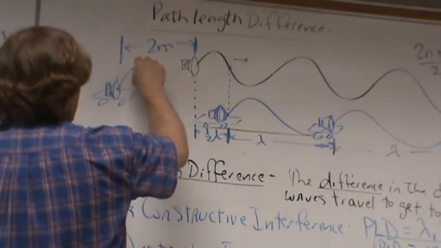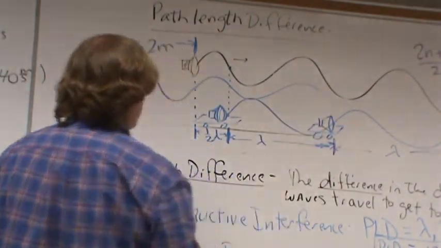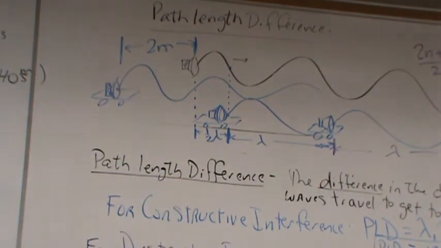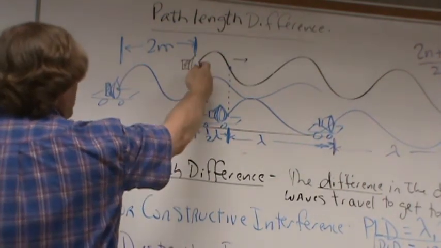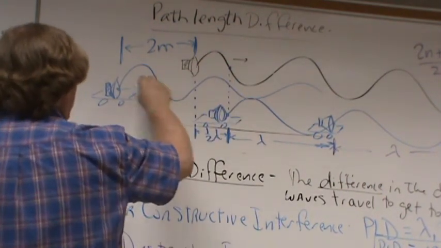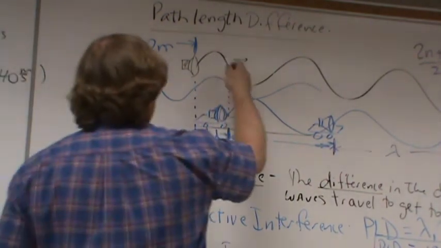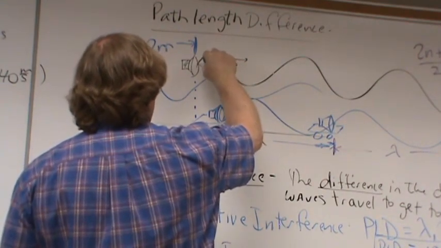It would be like, okay, I'm going to go like this, then I'm going to catch my wave, and it's all good. But the path length difference equaling 2 wavelengths means I would have something like this. The wavelength has now been cut in half for both of those tones. So this guy, instead of looking like that, is going to look like this.